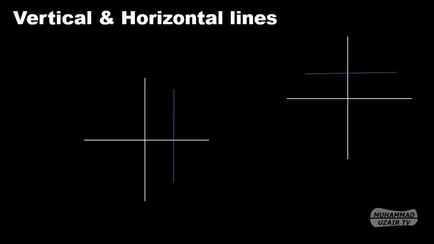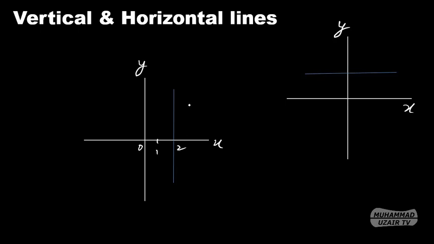For example, let's suppose this is y-axis, this is x-axis. This will be the example of a vertical line when x is equal to constant. For example, let's suppose this is 0, this is 1, this is 2.